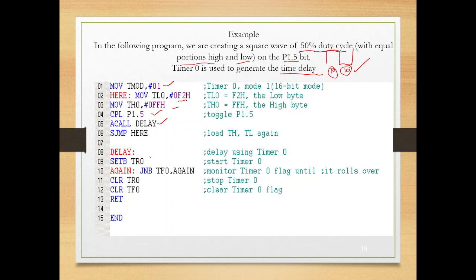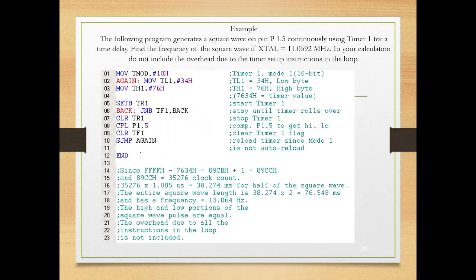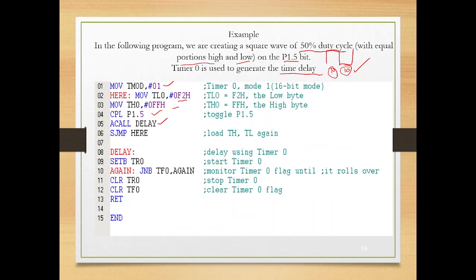This is the delay program. In this delay program we can observe that we are setting TR0, timer register 0, and then jump on bit, jump if no bit.